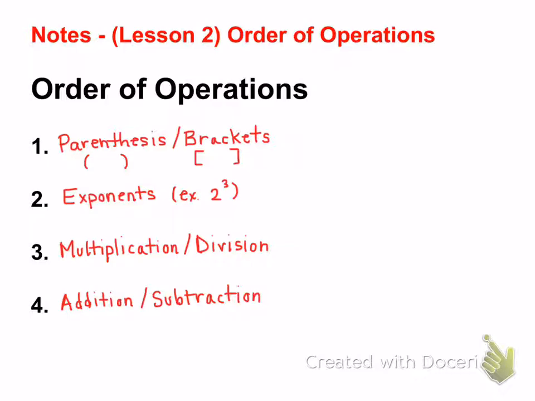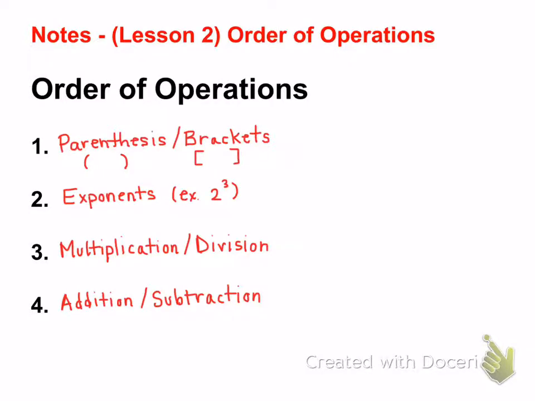Now, yesterday or the day before, we talked about the associative property and the commutative property. And what we learned is with the associative property, you can multiply or add in any order, but with division and subtraction, you need to go from left to right.